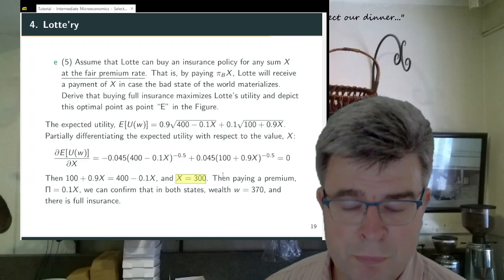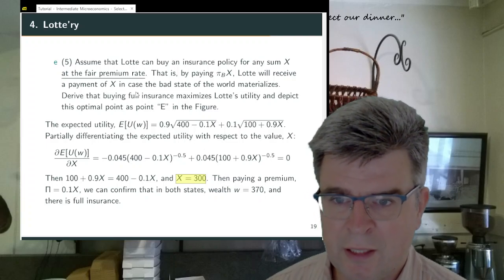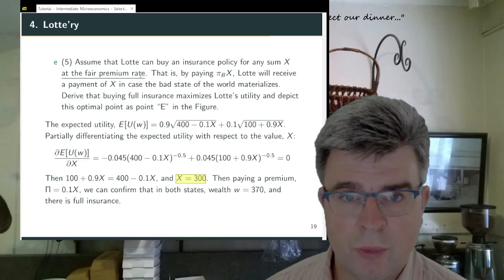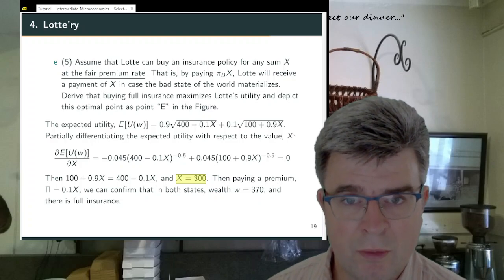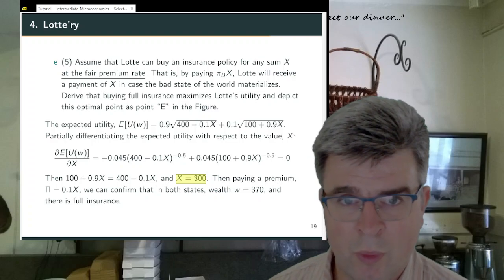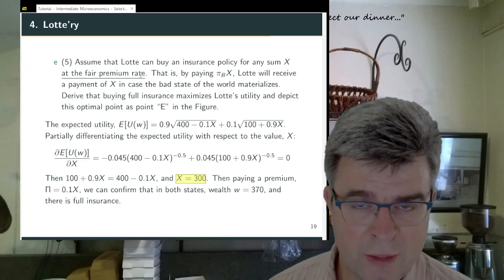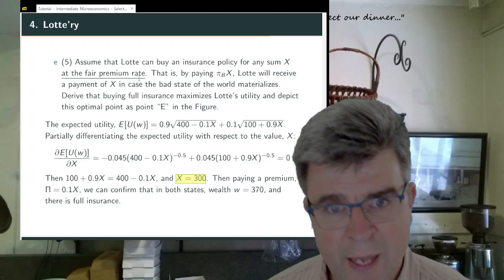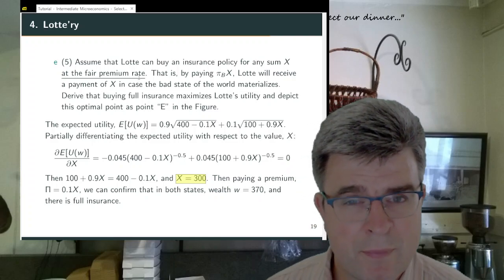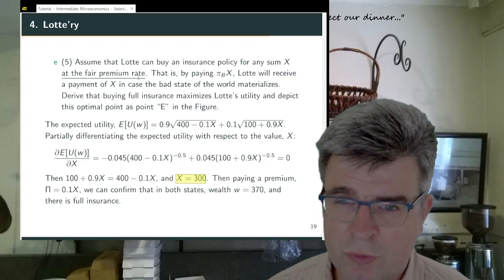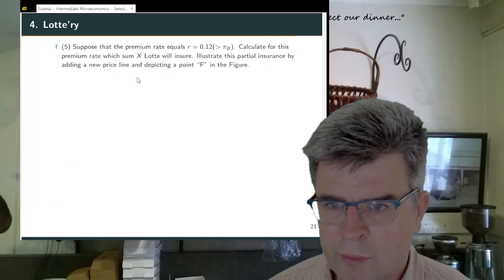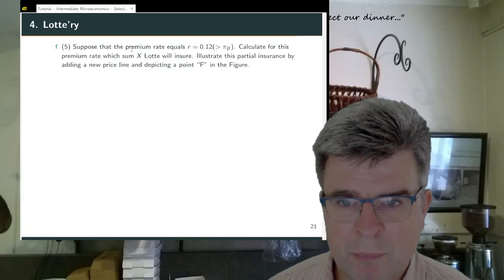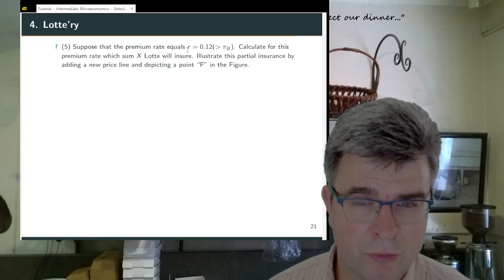Now, the instructive part of the exercise is that in question E, insurance is offered at a fair premium rate. So for any loss of 1 unit, you only need to pay a premium of 10 cents. But in question F, the insurance companies offer less good insurance policies. So in question F, the premium rate is 0.12.